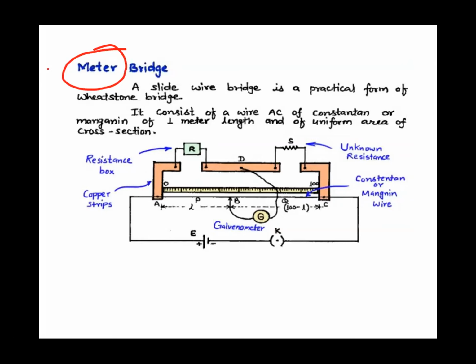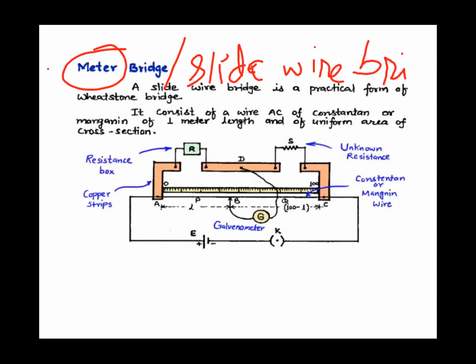So the meter bridge is also known as the slide wire bridge. This is the other name for the meter bridge. It is the simplest practical application of the Wheatstone bridge. It is also used to measure unknown resistance, and its principle is, beta, it works on the principle of the Wheatstone bridge.